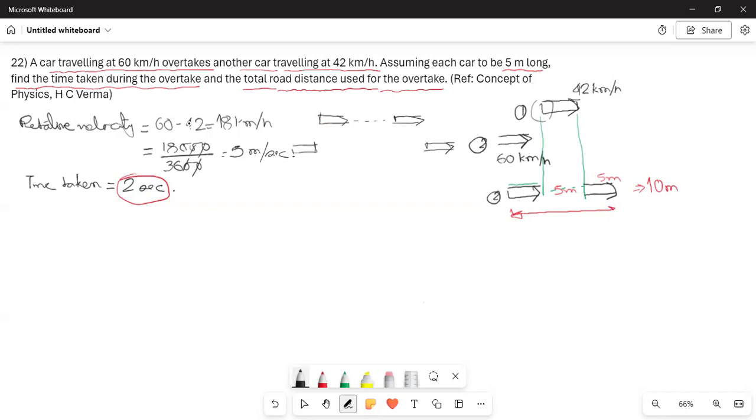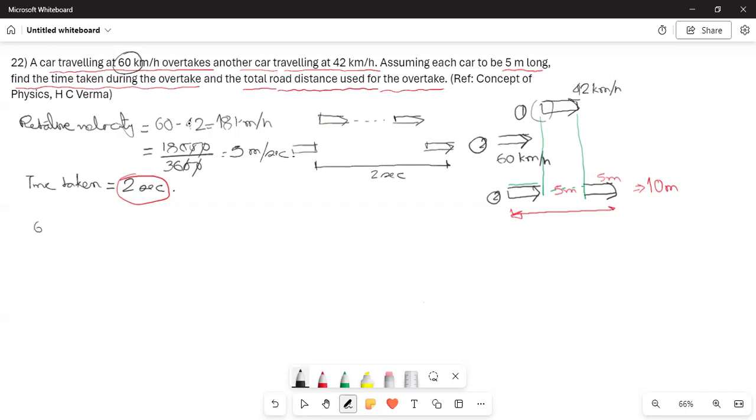So in these 2 seconds, the first car has moved from here to here. Now we have to find out how much distance the first car moves in 2 seconds. The velocity of the first car is 60 kilometers per hour.